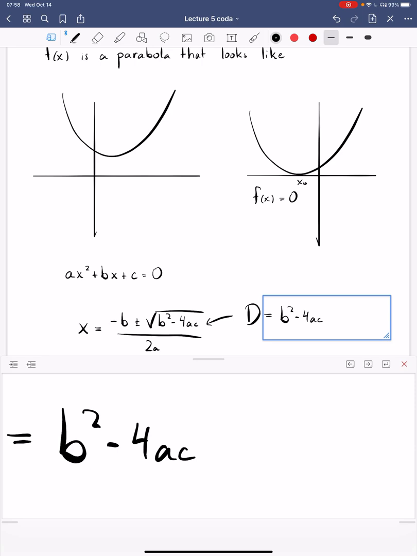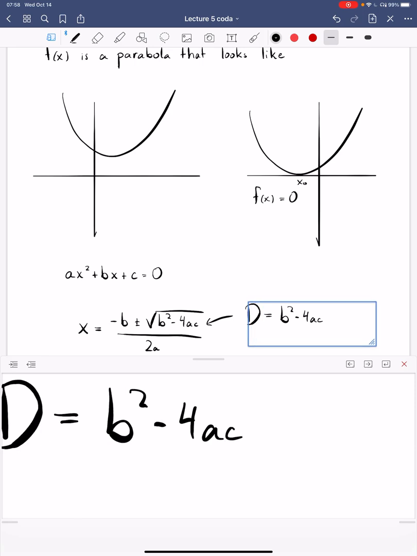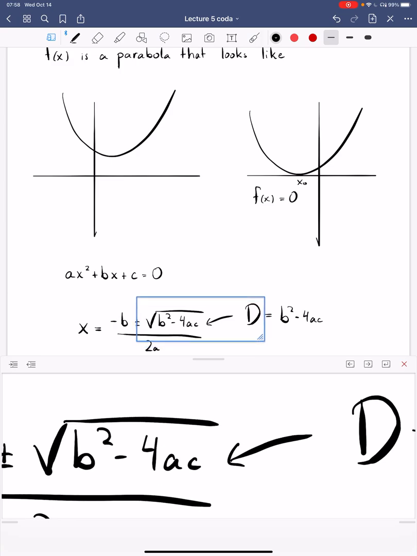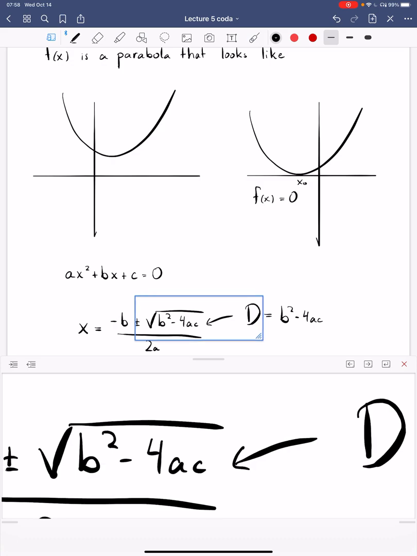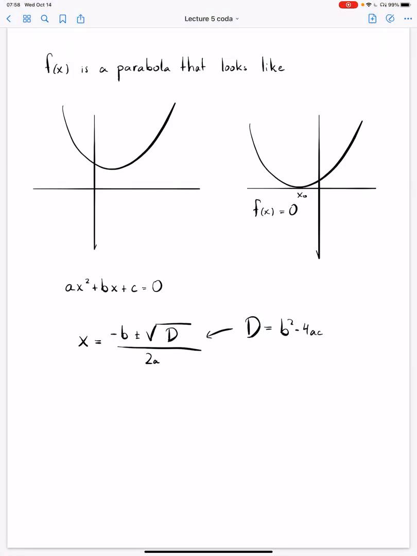Why is it called that? Because it tells you what's happening. If D is a positive number, then there are two square roots, plus or minus square root D. If D is 0, it has a unique square root, which is 0. And if D is negative, then nothing.